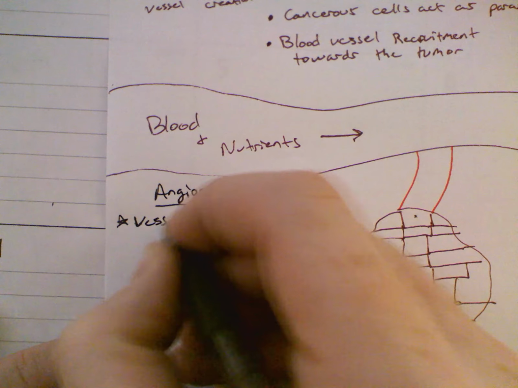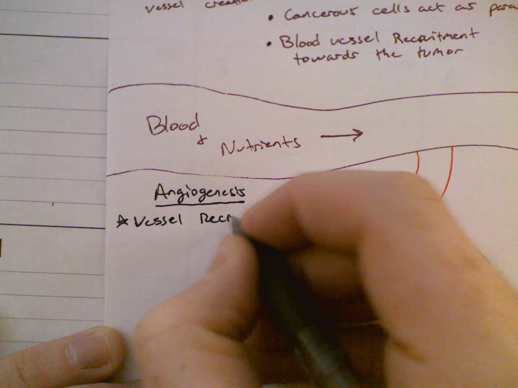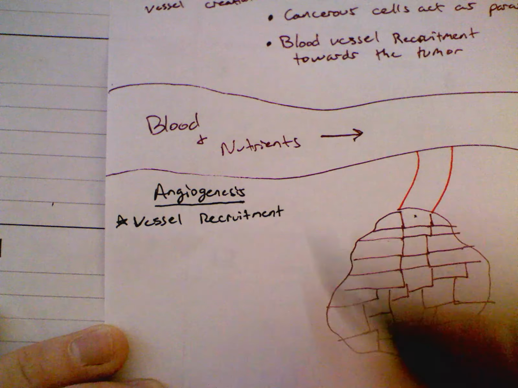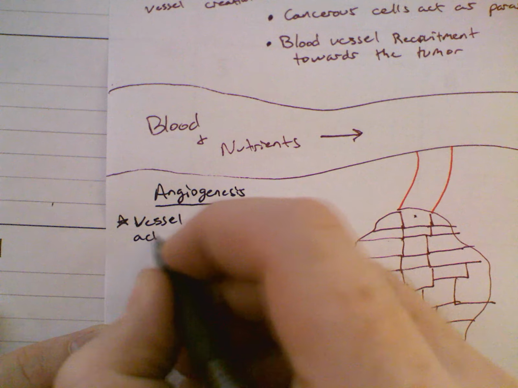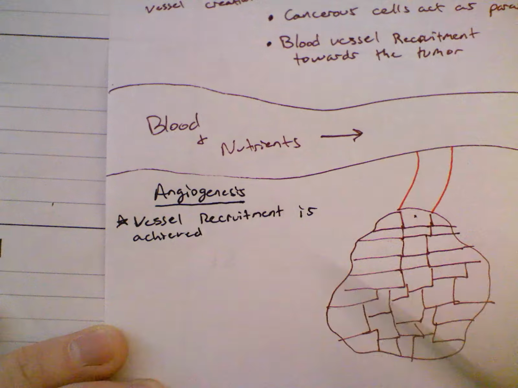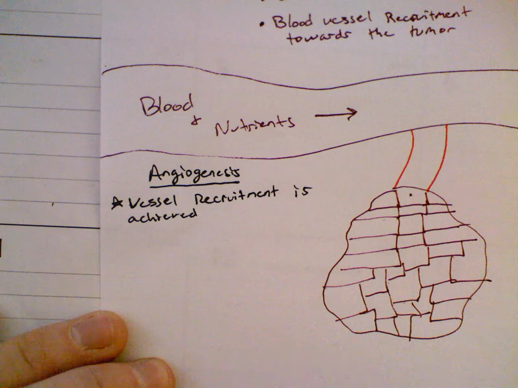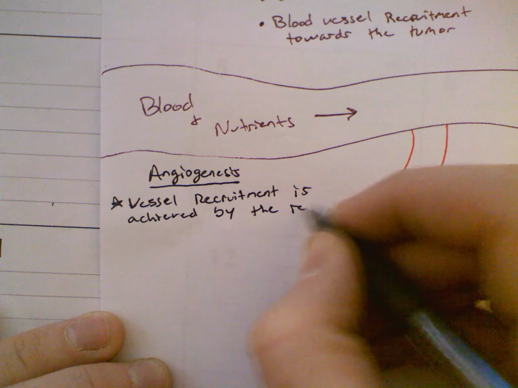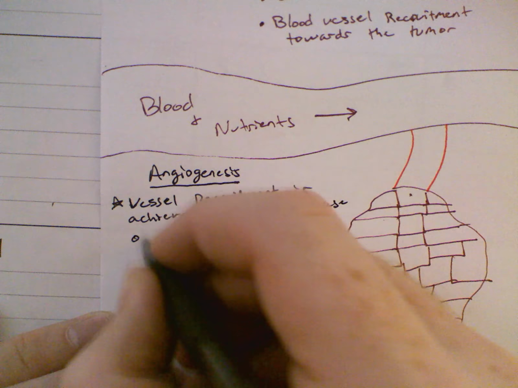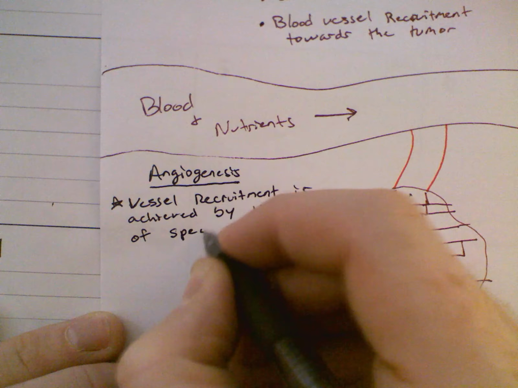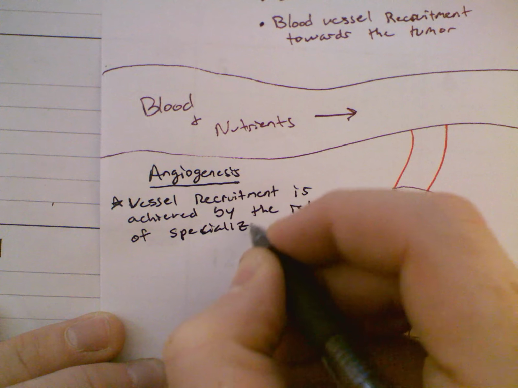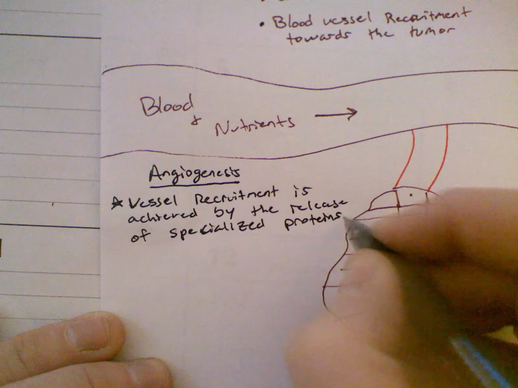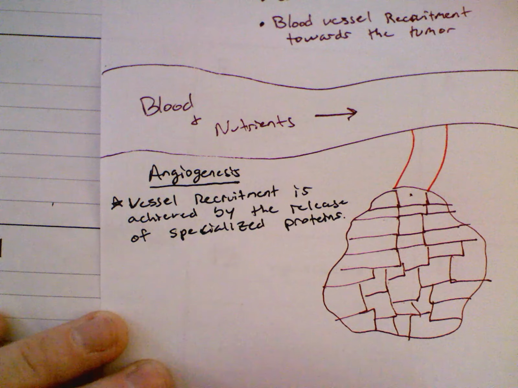Vessel recruitment is achieved by the release of specialized proteins. And these specialized proteins are called VEGF.